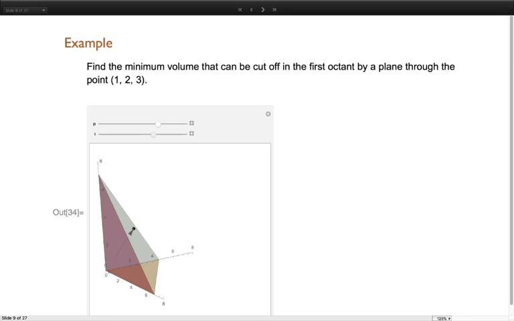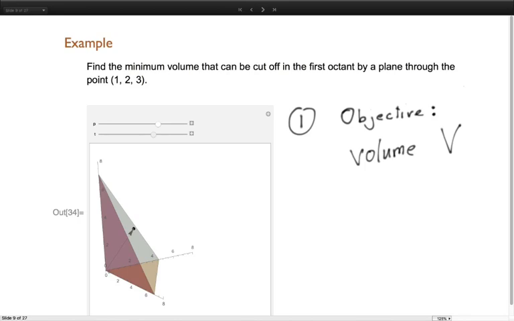The first step, as in all optimization problems, is to identify the objective, that is, the quantity to be optimized. We've already stated this is volume, so we want to give it a name, V. Now, the object in question is actually a tetrahedron, right? We've cut off the first octant along the three axes.